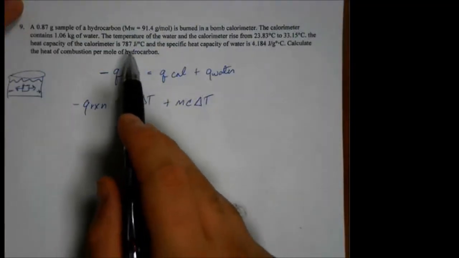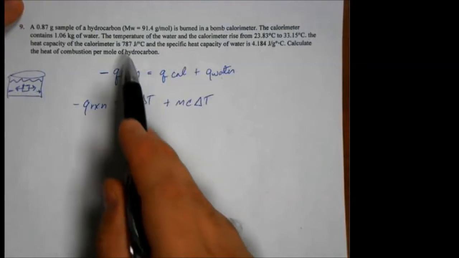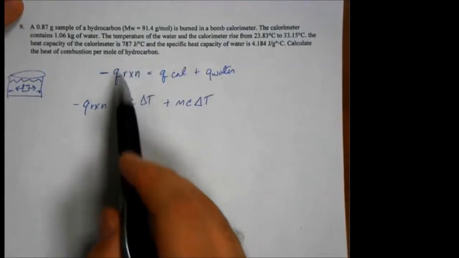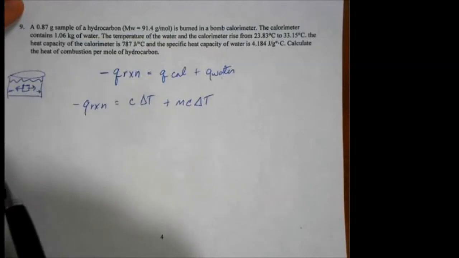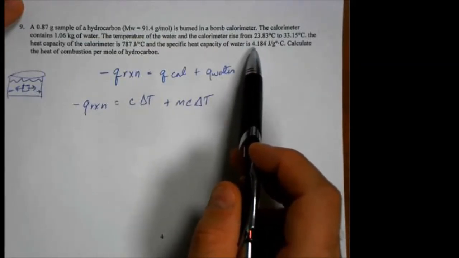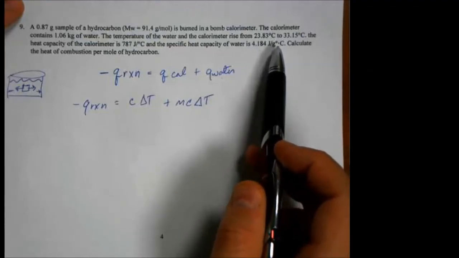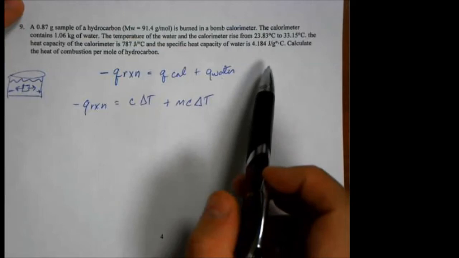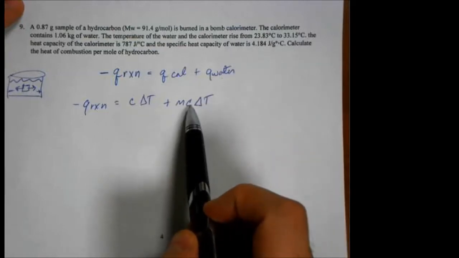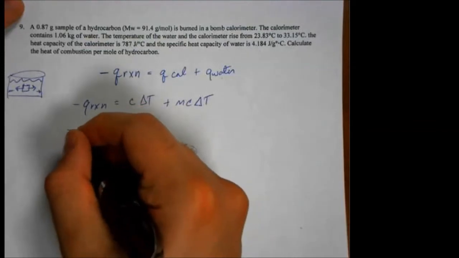Because they don't tell you anything about the mass of the calorimeter, they just tell you that for every degree the calorimeter heats up, it's going to be 787 joules. In the case of the water, this is for water, so depending on how much mass you have, that mass times this capacity will tell you how much energy it is.